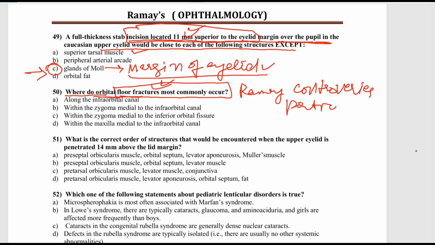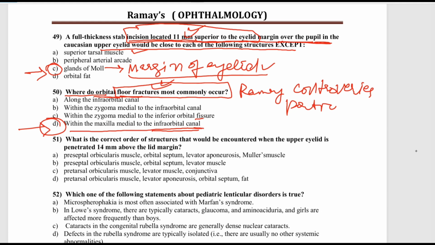The options are: along the infraorbital canal; within the zygoma, medial to the infraorbital canal; within the zygoma, medial to the inferior orbital fissure; within the maxilla, medial to the infraorbital canal. So the correct option is D, within the maxilla, medial to the infraorbital canal.